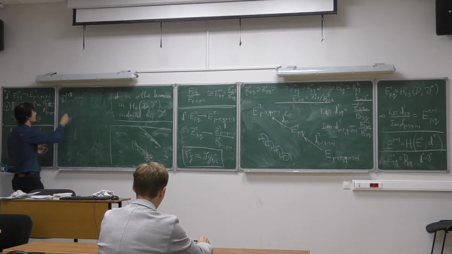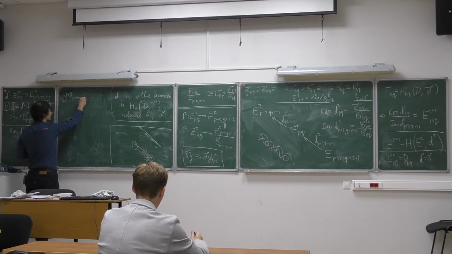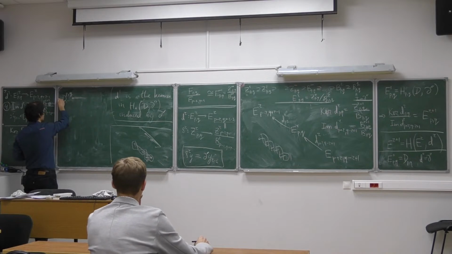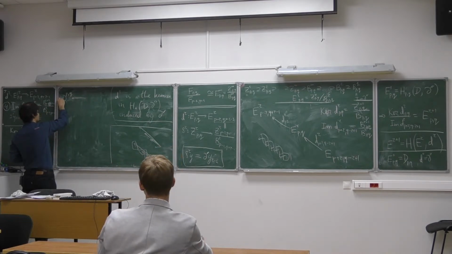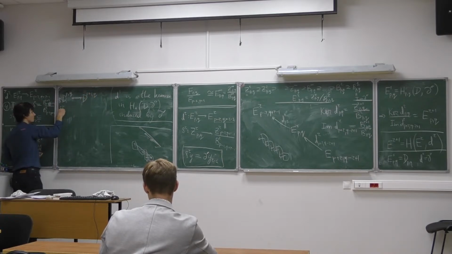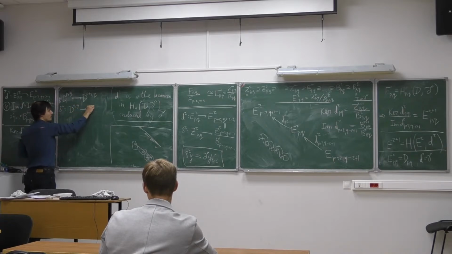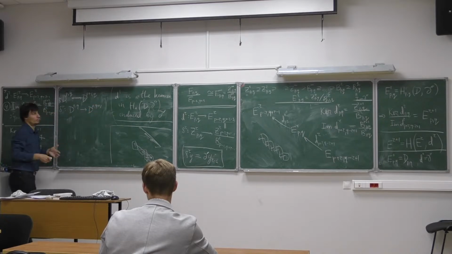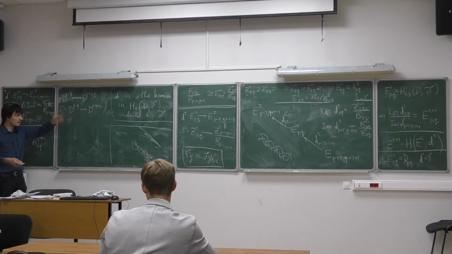If we have such a double complex with degree-increasing differential, let it be delta, then delta prime increases the first degree, and delta 2 primes increases the second degree. Then just by reversing the signs, we can reduce the situation to the previous one, but it is more convenient not to inverse the signs.